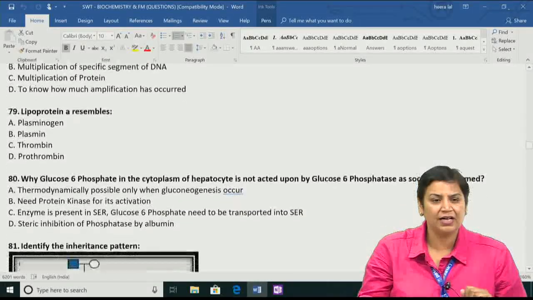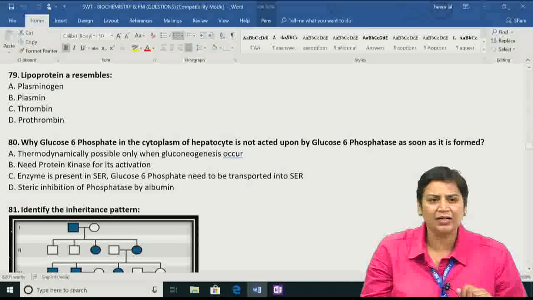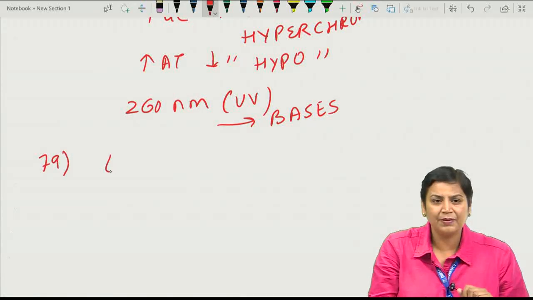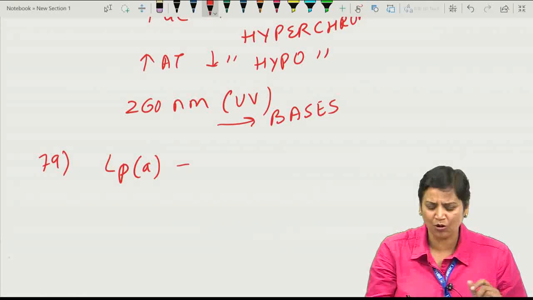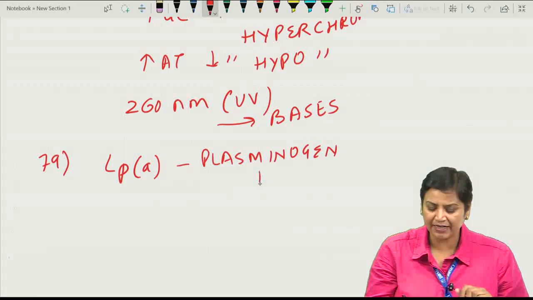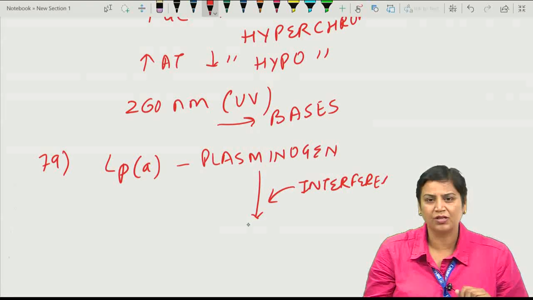Then question number 78, lipoprotein resembles. Here, the other name of this lipoprotein is LPA, and it has a significant homology with plasminogen. It basically interferes in the conversion of plasminogen.